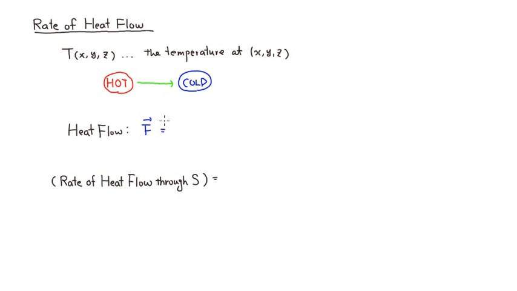Then think about this. We know the temperature. If you look at the gradient of the temperature, what do we get? Remember that the gradient of a function is the direction of the most increase of the function. So the gradient of T is the direction of the most increase in temperature, which is actually the other direction.